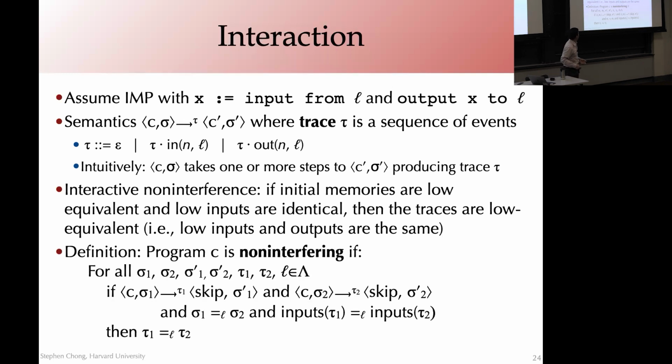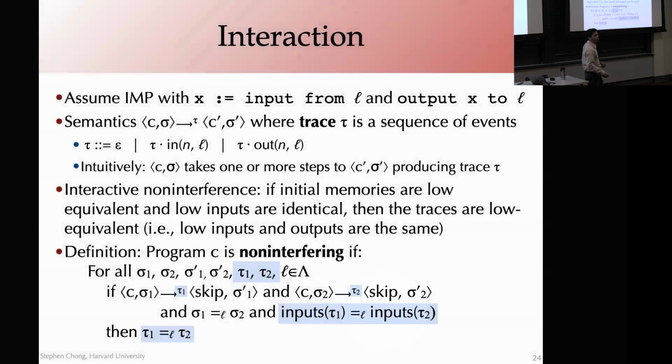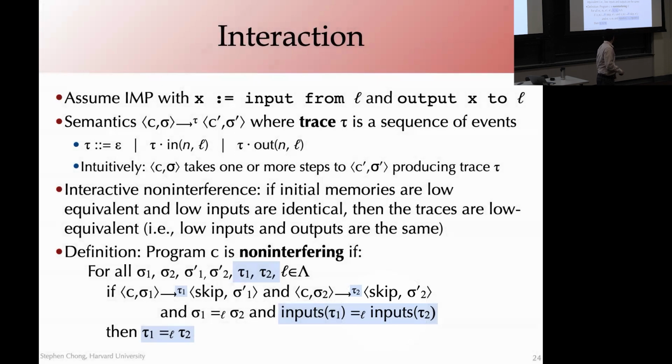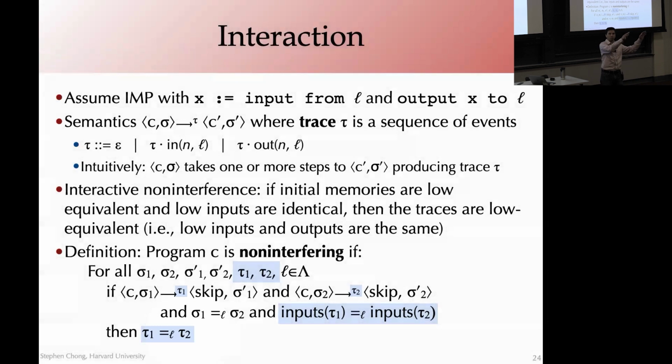More formally, if we have two executions from L equivalent stores that produce traces tau1 and tau2, and the inputs in those traces are L equivalent, then the traces tau1 and tau2 are L equivalent. That is, the inputs, the outputs, and the interleaving of those at level L and below are identical. I'm not giving you the exact definitions of these equivalence relations, but hopefully they're intuitive.